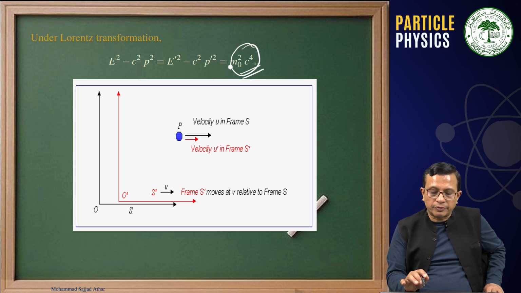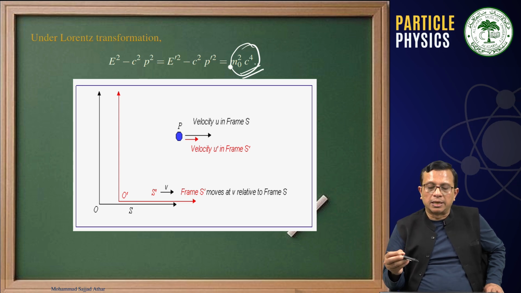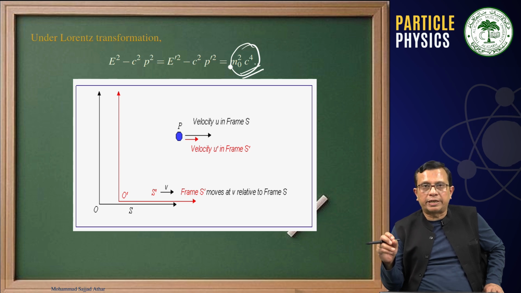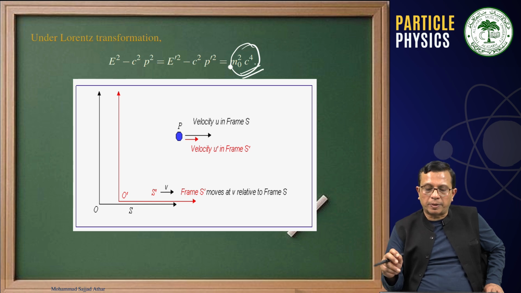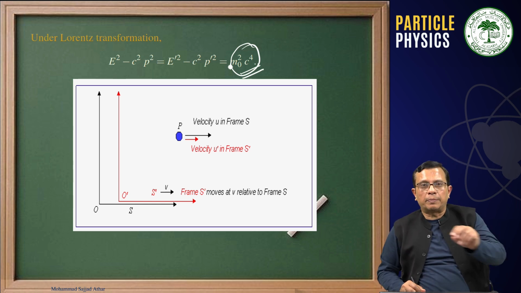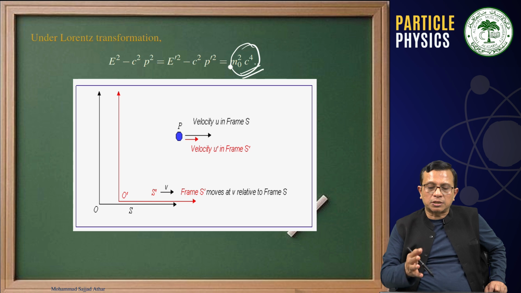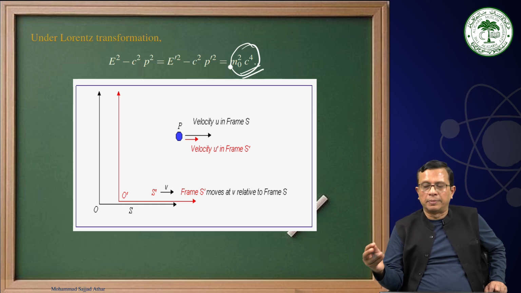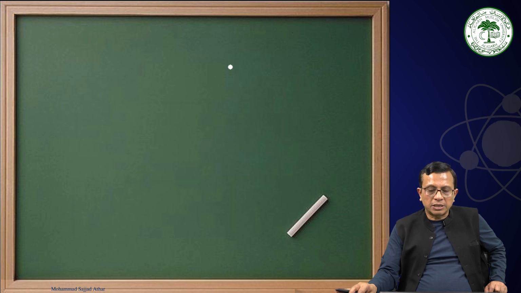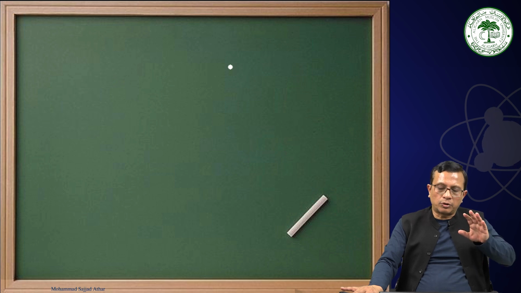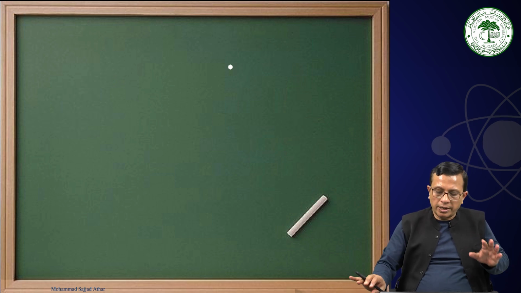This is an important relation which one has to understand: though energy and momentum E and P are measured in frame S, and E prime and P prime in frame S prime, this quantity E square minus P square c square will be independent of which inertial frame you are talking about. This will be a constant. Therefore, we have talked about energy, we have talked about momenta, and now we are going to talk about the transformation of the scattering angle.